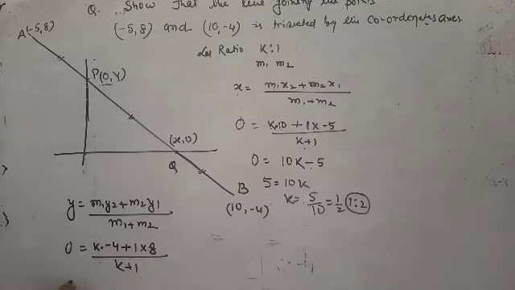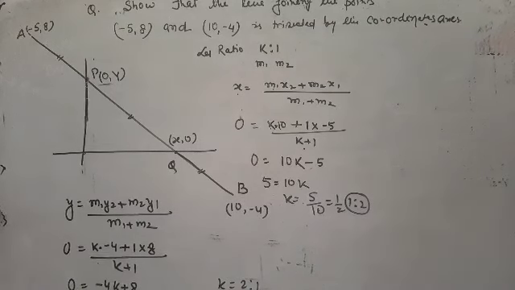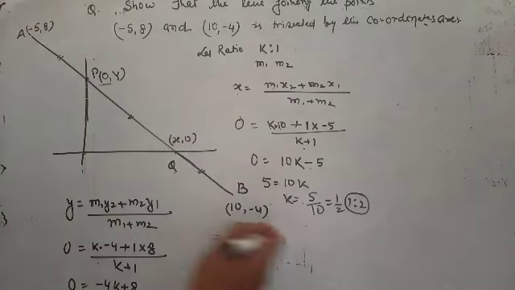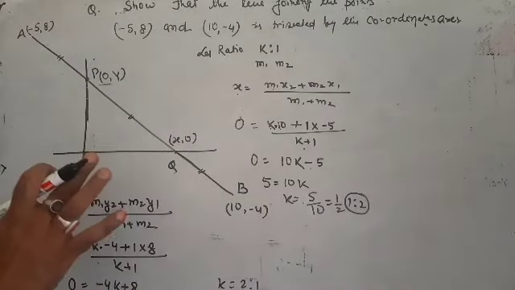K plus 1 into 0, 0 is equal to minus 4k plus 8. Minus 4k goes this way, so plus 4k is equal to 8. So k is equal to 8 by 4, that means 2:1. So here it is 2:1. So that means, clear, P divides in 1:2 ratio and Q divides in 2:1 ratio.